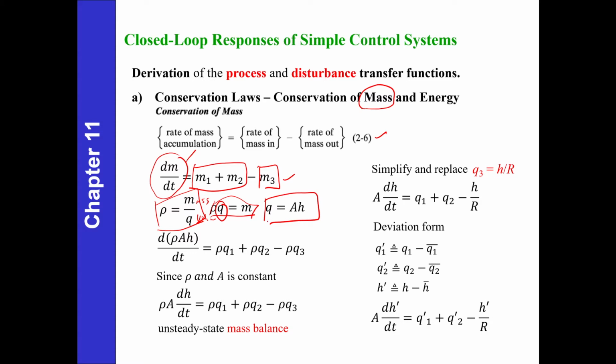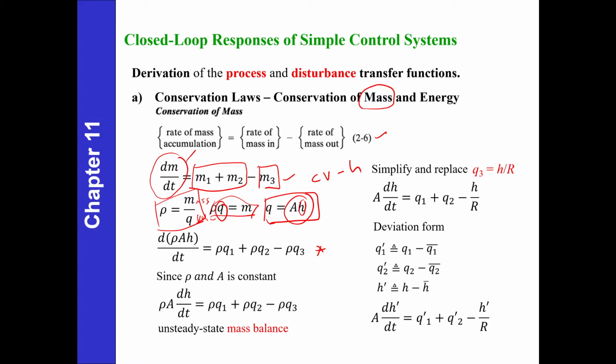This is why we need to expand further, because remember our control variable is the level. We want to find the relationship between the volumetric flow rate and the level. That's why we have to expand further to get this form, because h is our control variable. And then we substitute to get this equation.